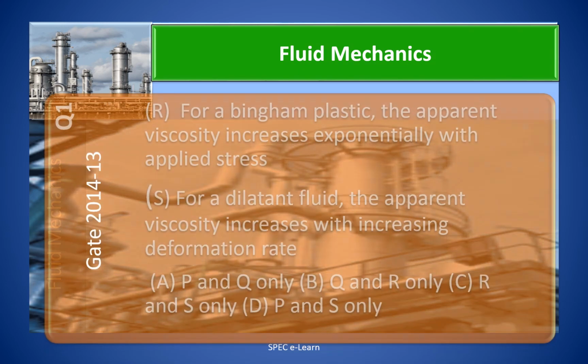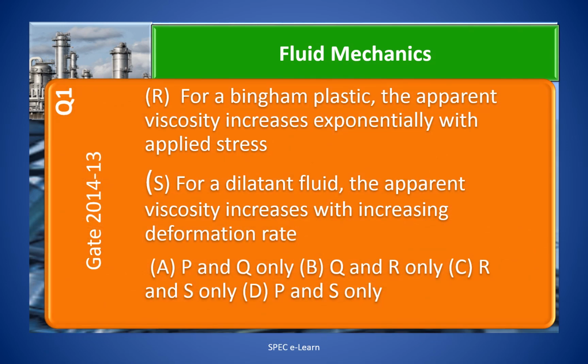R. For a Bingham plastic, the apparent viscosity increases exponentially with applied stress. S. For a dilatant fluid, the apparent viscosity increases with increasing deformation rate. The options: A, P and Q only, B, Q and R only, C, R and S only, D, P and S only.